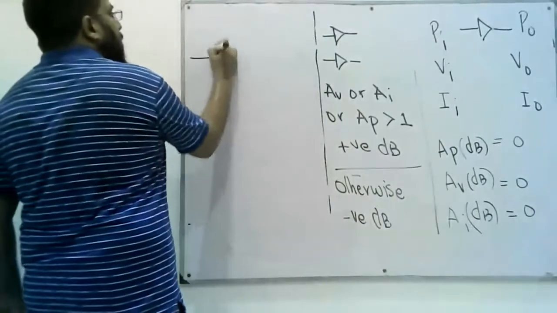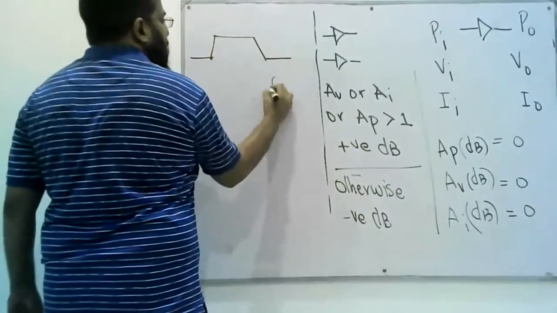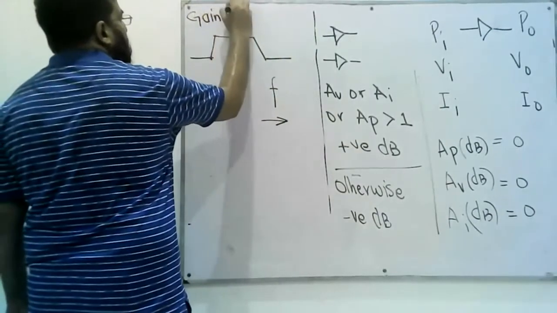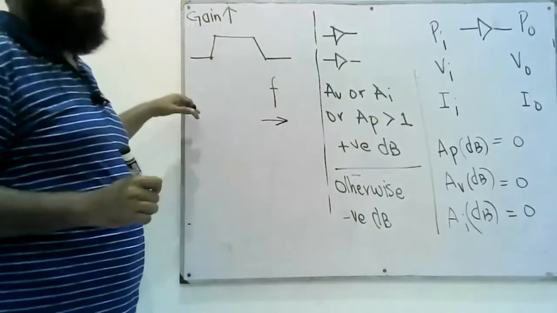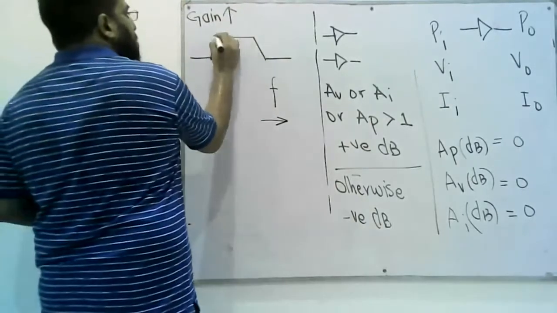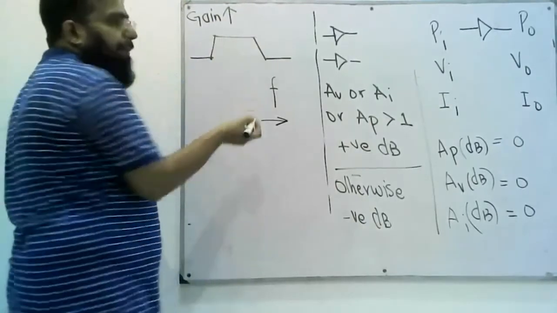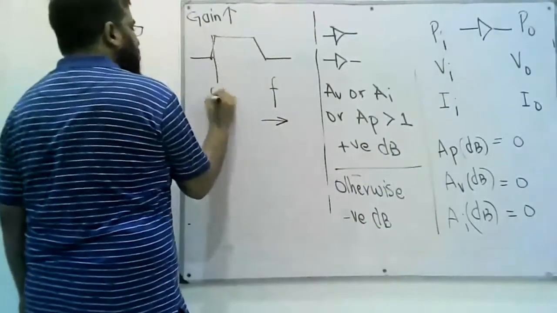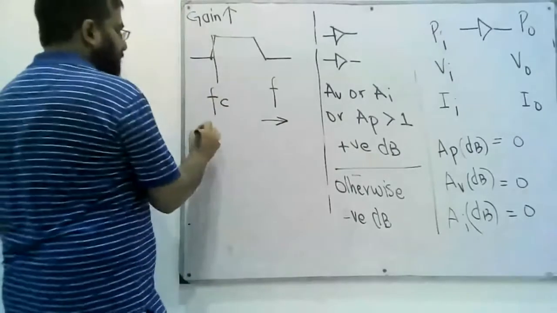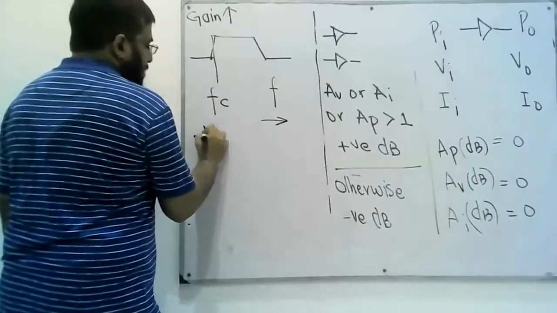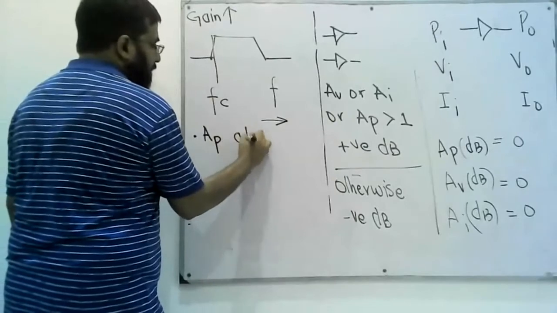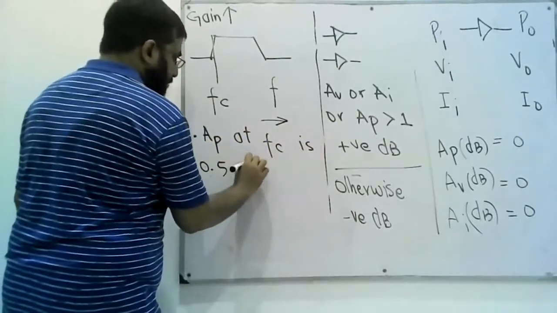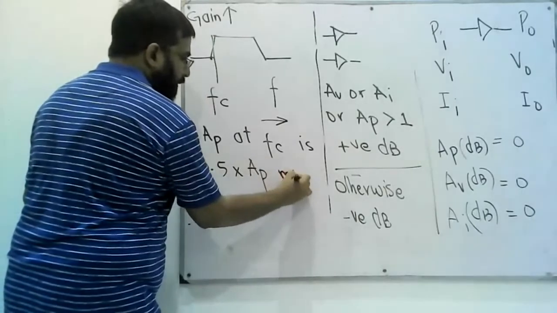Critical frequency is yet another topic. We know that for all amplifiers, we have a frequency response like this. This is gain. For simplicity, it is represented as gain, can be a power, voltage, or current gain. And this band is called mid band, at which we have some gain. Critical frequency Fc is the frequency at which AP at Fc is 0.5 times the AP in mid band.